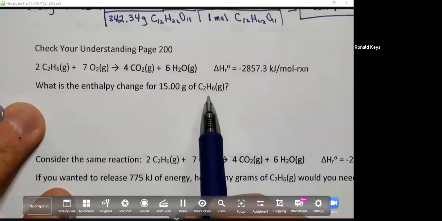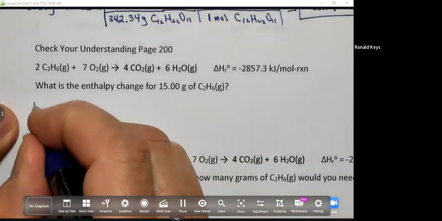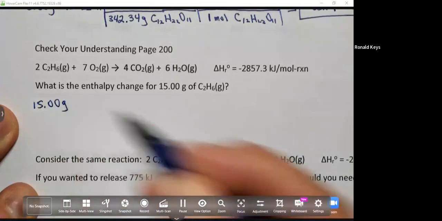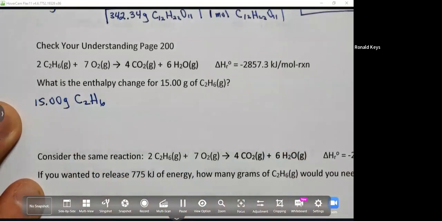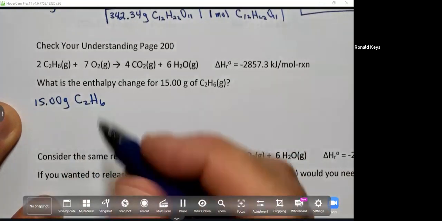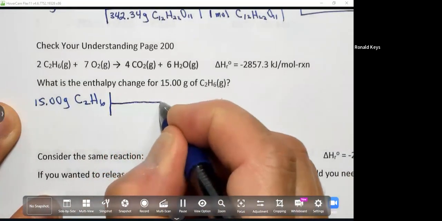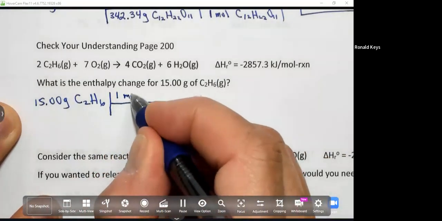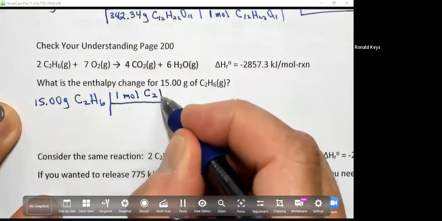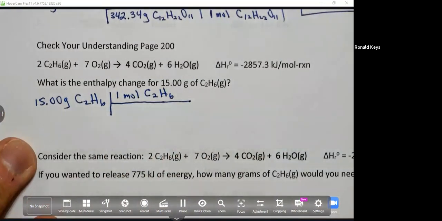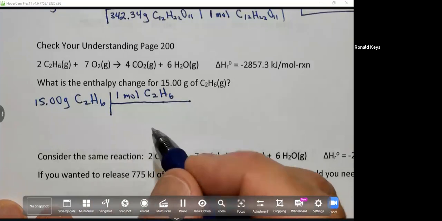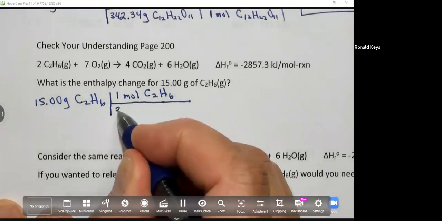So we're going to do the same thing, 15 grams. The moles. 2430.08.